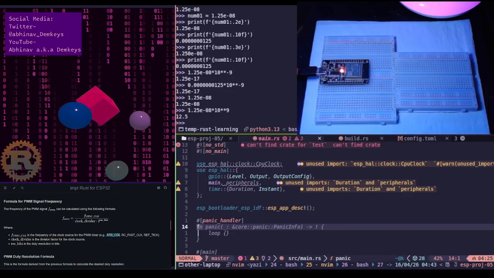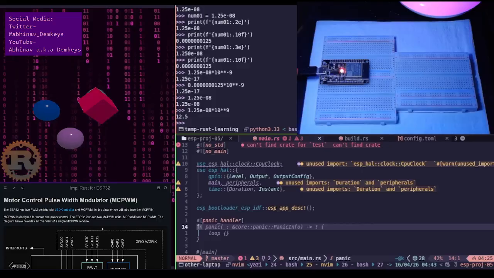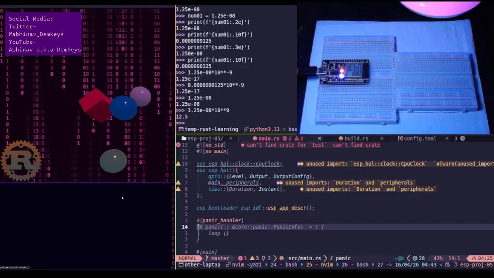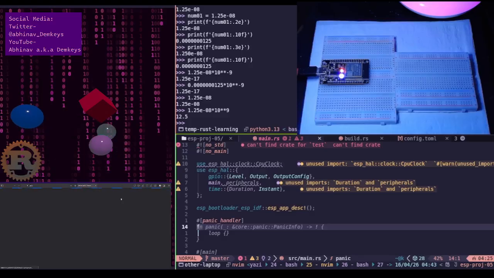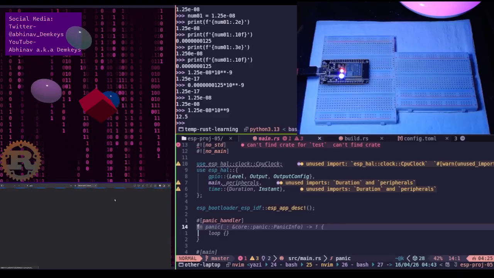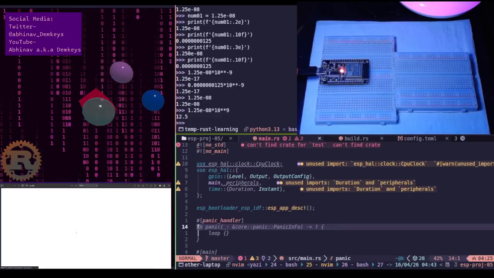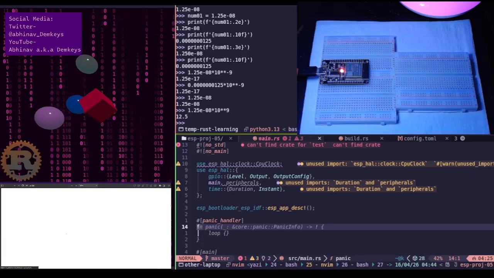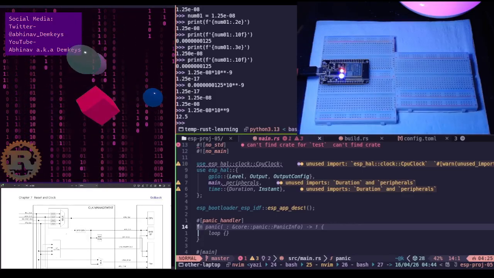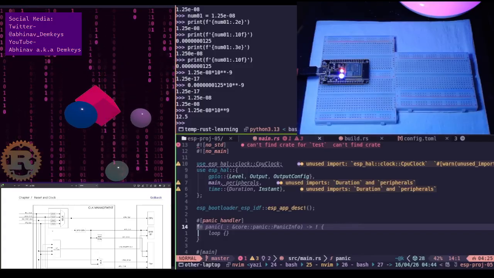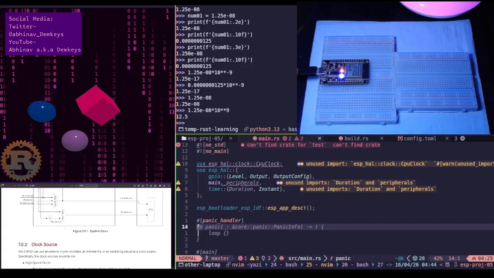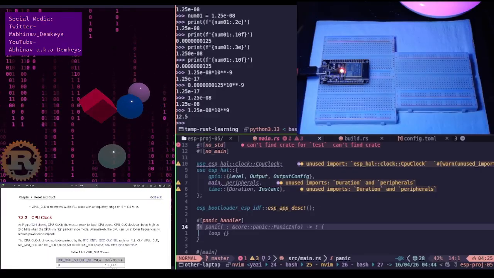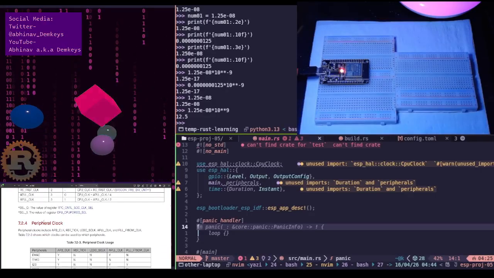Actually, we have the PDF open here, right? Okay, we're good. So this is the clock. In here we have clock source, CPU clock, peripheral clock.